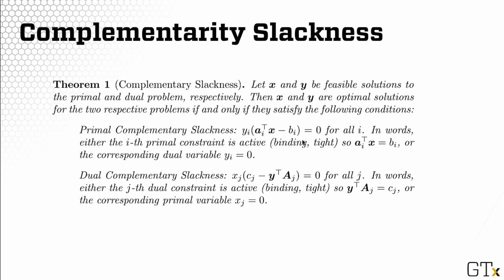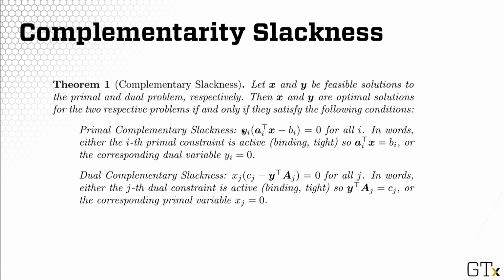Or if this primal constraint is not active at x, then yi, the corresponding dual variable, has to be 0. That is called primal complementary slackness. So if x and y are optimal primal and dual solutions, then they need to satisfy this.